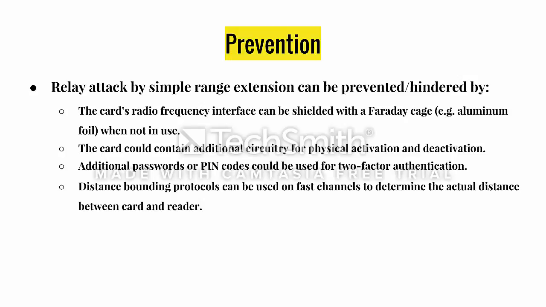The card could contain additional circuitry for physical activation and deactivation. Additional passwords or PIN codes could be used for two-factor authentication. And finally, distance bounding protocols can be used on fast channels to determine the actual distance between the card and the reader.